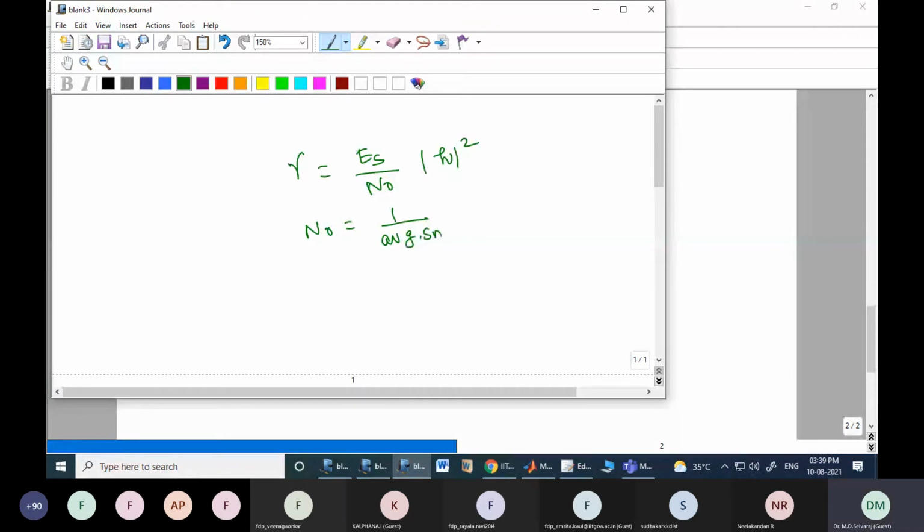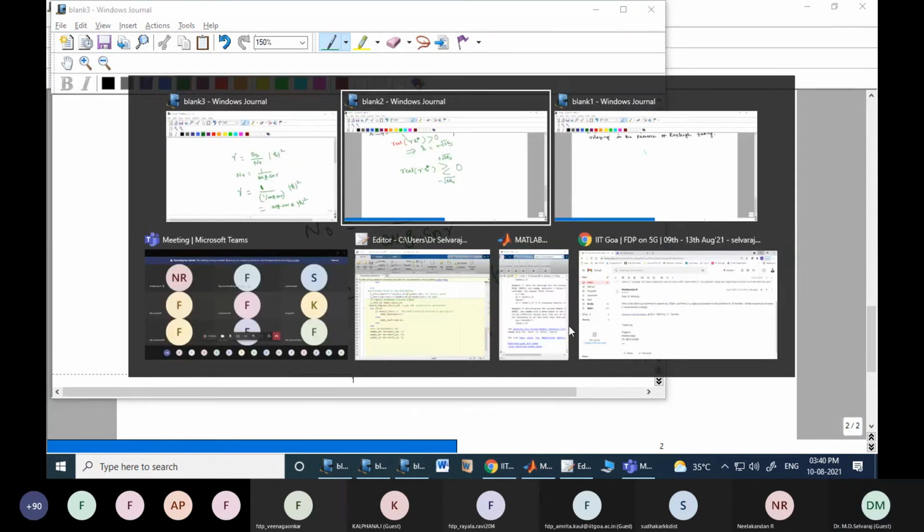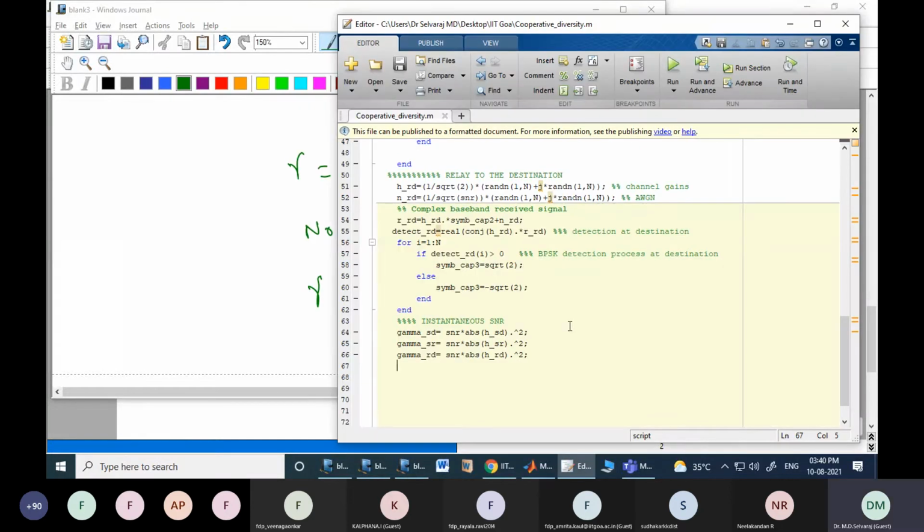So therefore gamma is equal to 1 divided by 1 over average SNR into mod of H square, that is average SNR into mod of H square. Okay, fine.